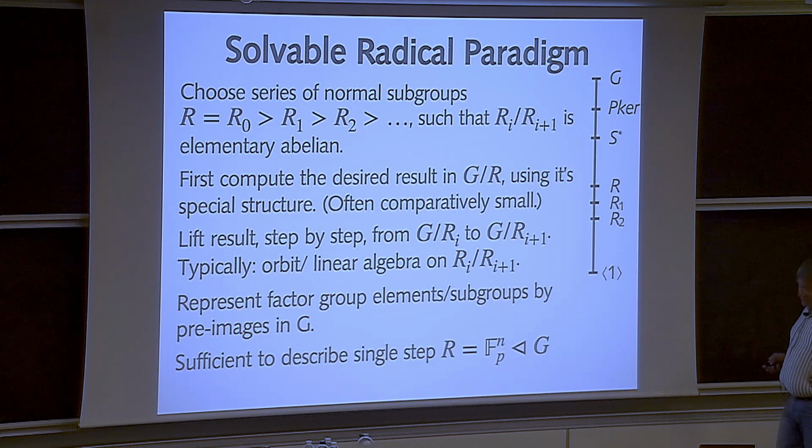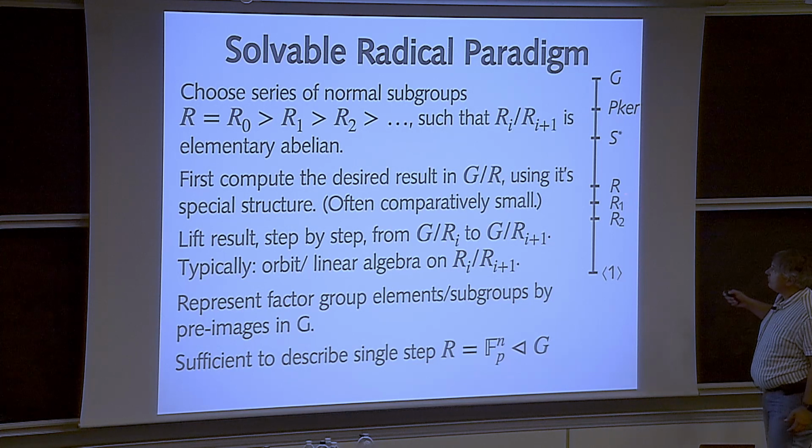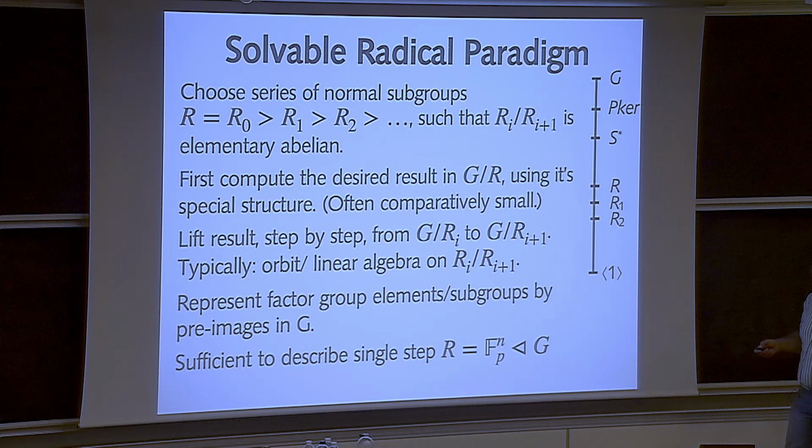And then the idea is basically, for calculating in the group, we calculate first in the factor G modulo R. That has this special structure. That means often one can almost write down what the result is, or a large part of the result can be obtained from knowing things about the simple groups. And then we lift the result.